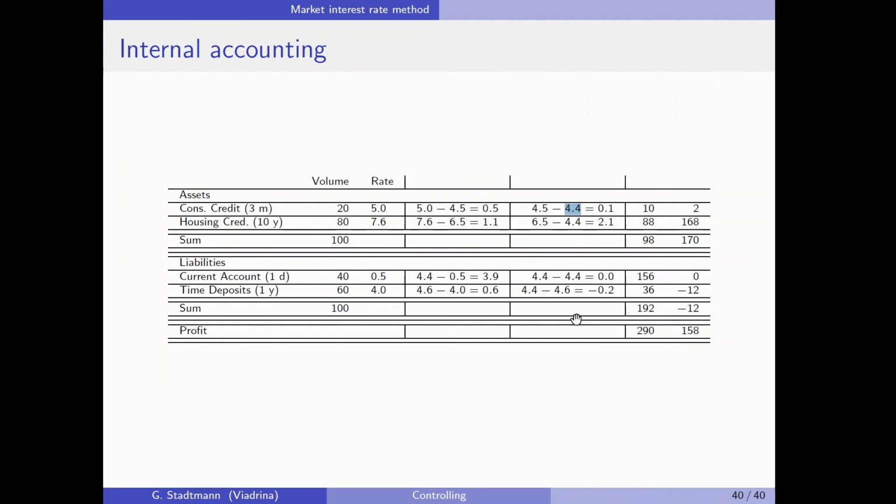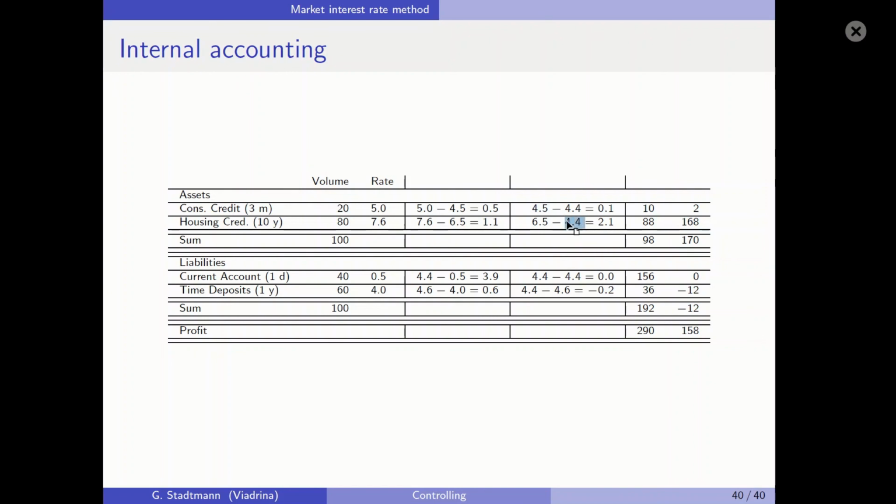In the second column, you can find the contribution to the profit due to the fact that this bank is taking advantage of the term structure of interest rates. So this bank could buy liquidity at the price of 4.4% on the daily money market rate, but this bank is investing at the 3-month horizon, so the bank is able to generate a profit margin of 0.1%.